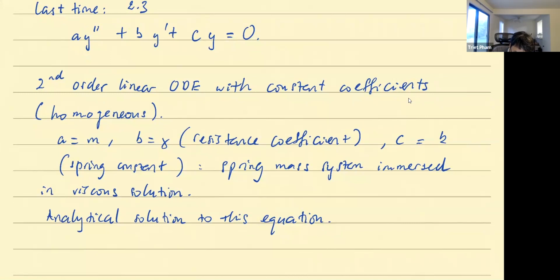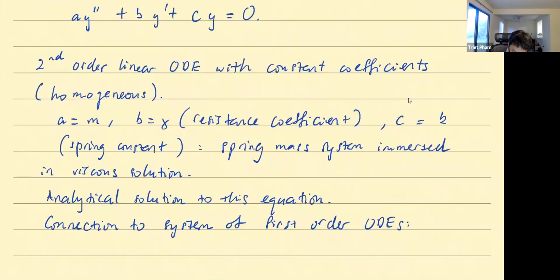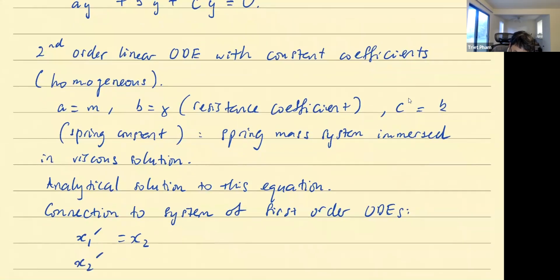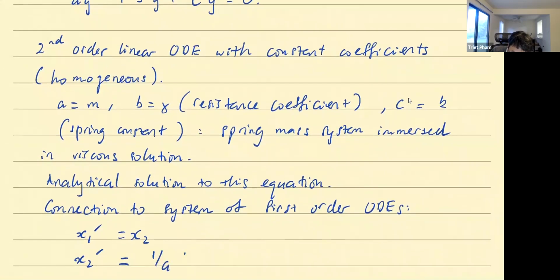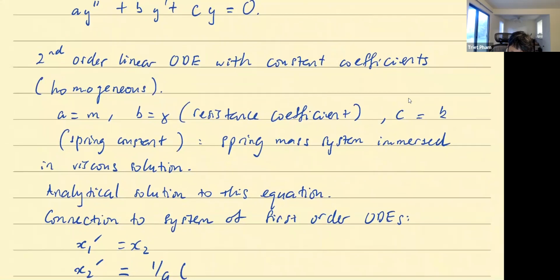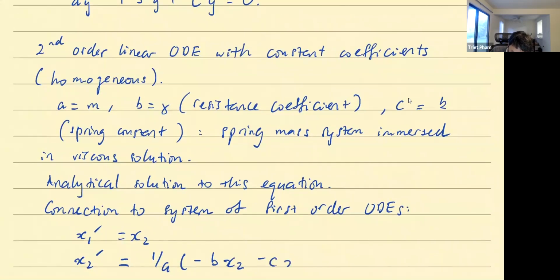This has a connection to a system of first order ODEs, where x1 prime is equal to x2, and x2 prime is equal to 1 over a times minus bx2 minus cx1.